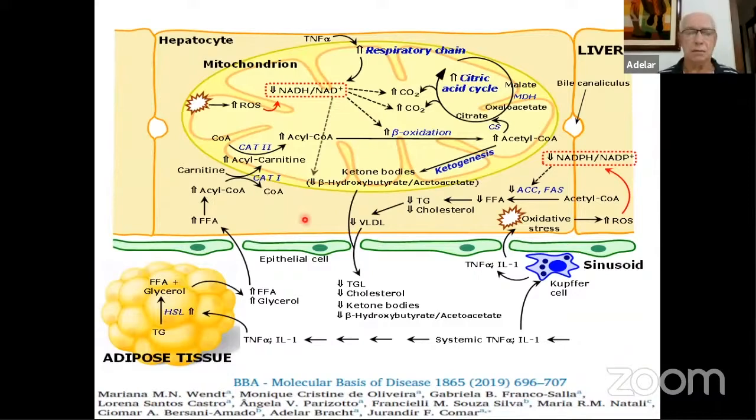Before I show some of our results, I am showing here another picture about the liver, which shows modifications in metabolism. Arthritis modifies metabolism in several ways.